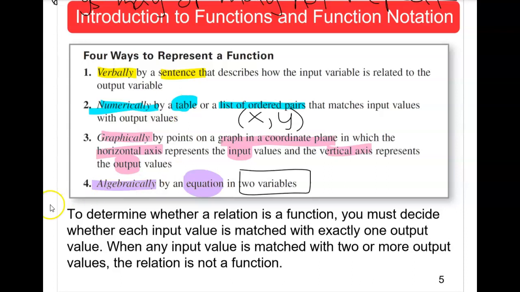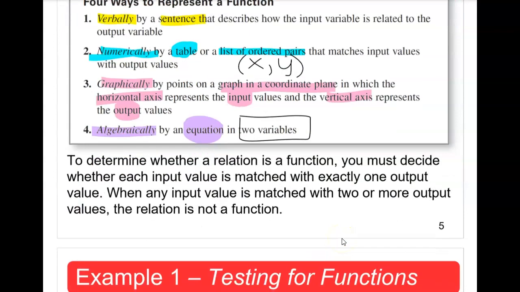So to determine whether the relation is in fact a function, it has to meet all the characteristics that we have been mentioning, and we have to make sure that each input value is matched to exactly one output value. We went over that in part A of the section.